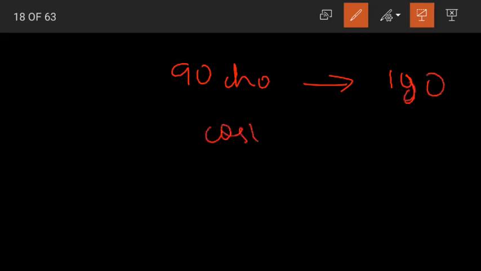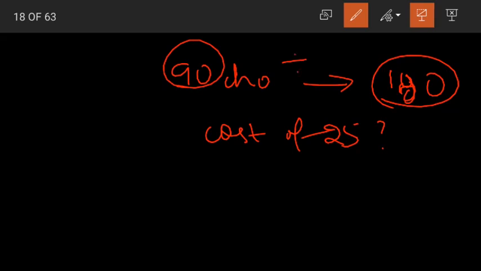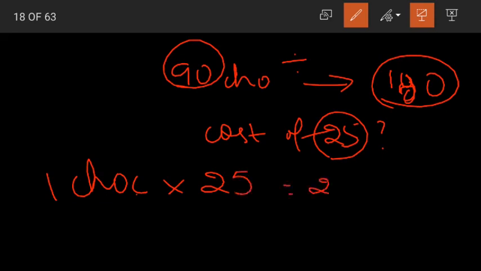For example, if I say the cost of 90 chocolates is equal to 180 rupees, then what is the cost of 25 chocolates? How will you find out, children? First, you will divide 180 by 90 to get the cost of one chocolate, and this when we multiply by 25 we will get the cost of 25 chocolates.